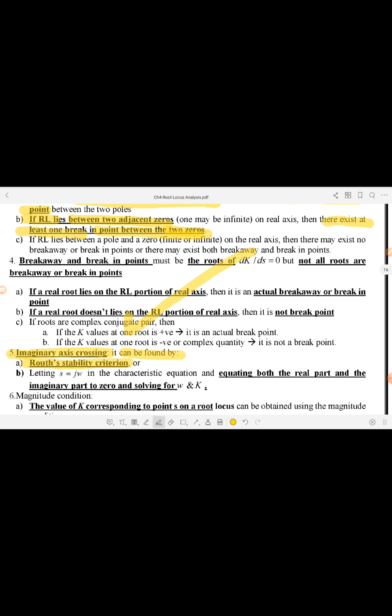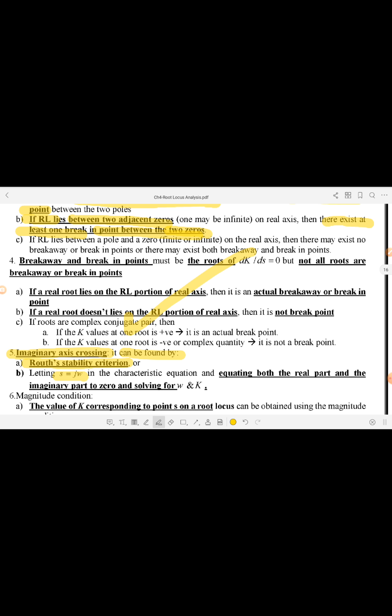The other scenario is by letting s equal j omega. Why? Because if we place the test point at the imaginary axis, this means that the real part is 0, and based on that, s will be only equal to j omega.